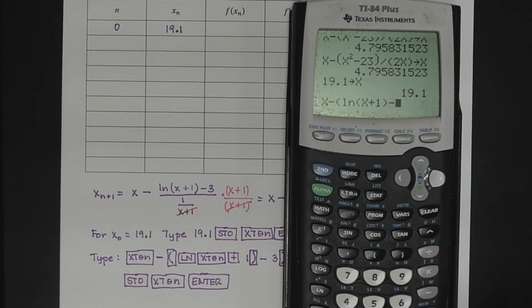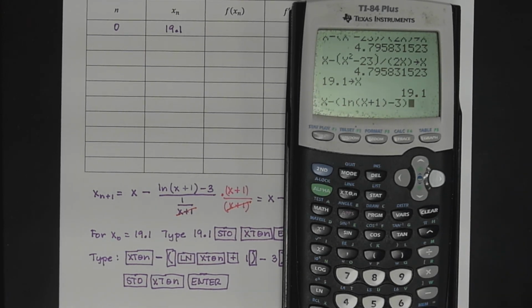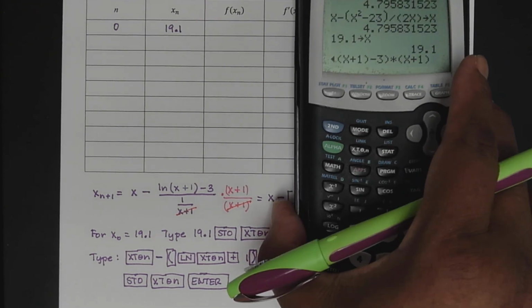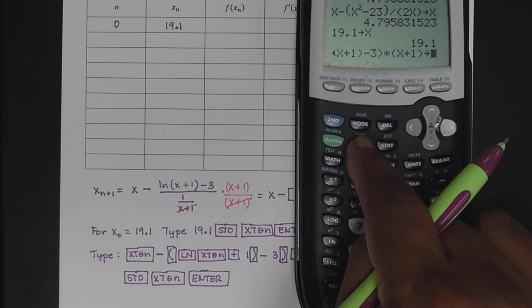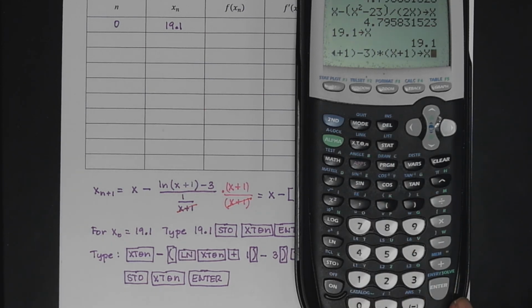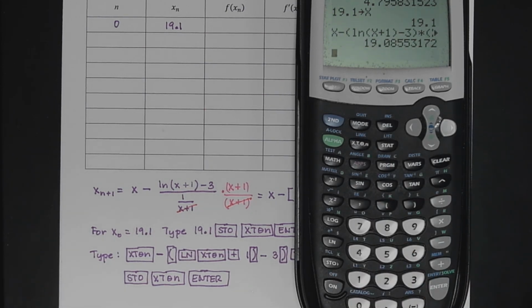And then you've got the minus 3, so minus 3, close the parentheses. After that, press the times key, because you're going to multiply that by left parentheses, X,T,theta,n for the x, plus 1, close parentheses. And then press the STO button to store it, then X,T,theta,n to store all of that in x, and then press enter.